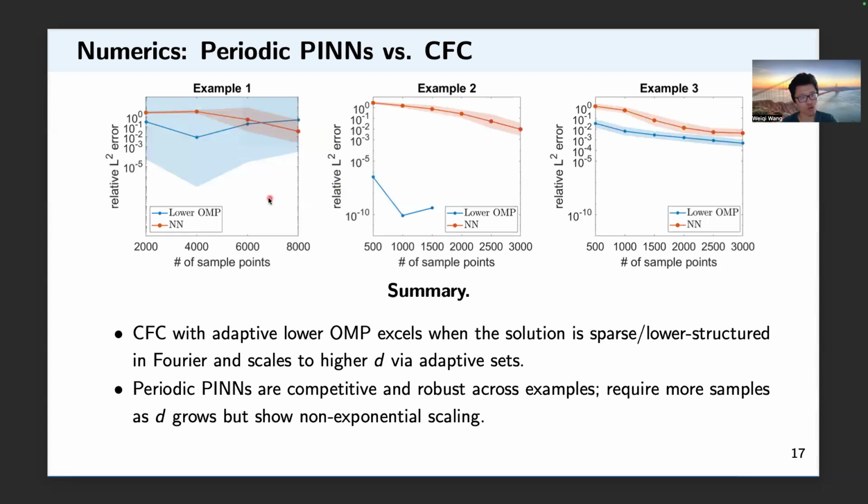When the solution is sparse and anisotropic in Fourier space, like in examples 2 and 3, the compressive Fourier method can reach lower error faster and is much more accurate. However, in example 1, even though we only have one Fourier basis, the solution doesn't follow the low-dimensional structure.